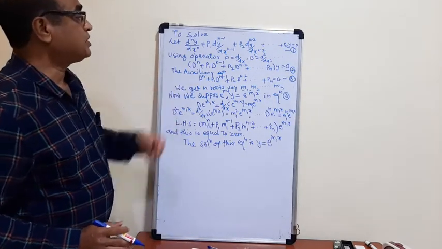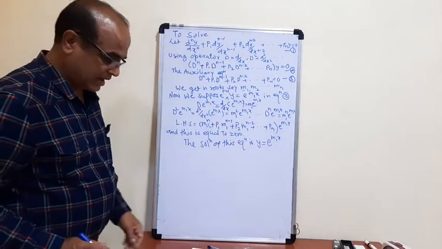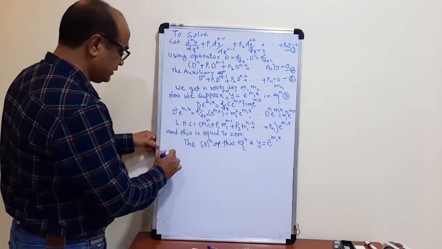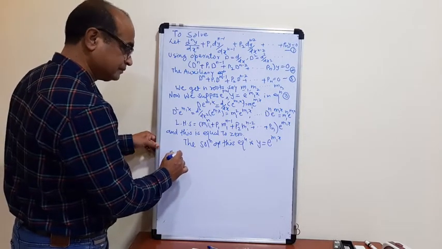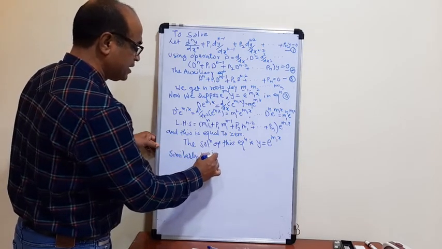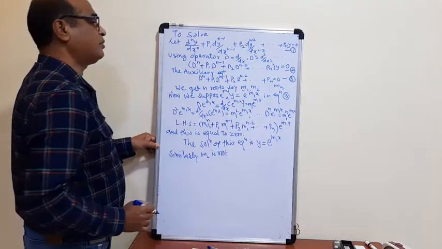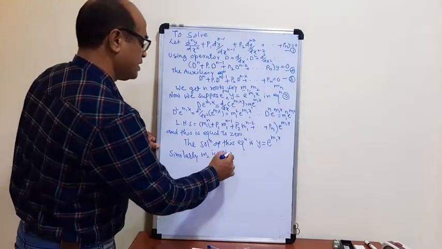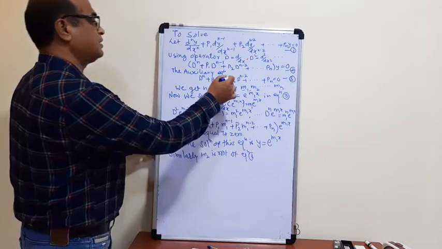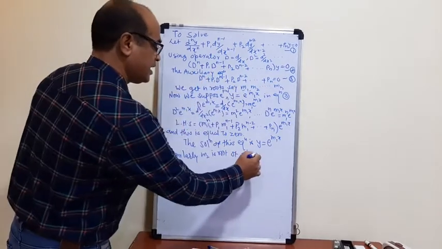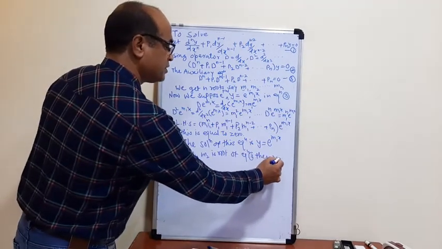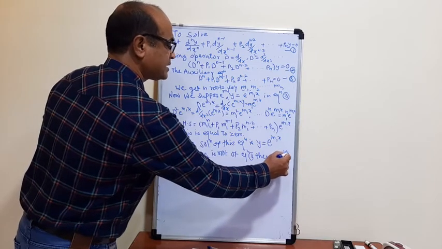But this equation has n roots. Therefore, similarly, if m2 is a root of this equation, then the solution is y equal to e raised to m2x.